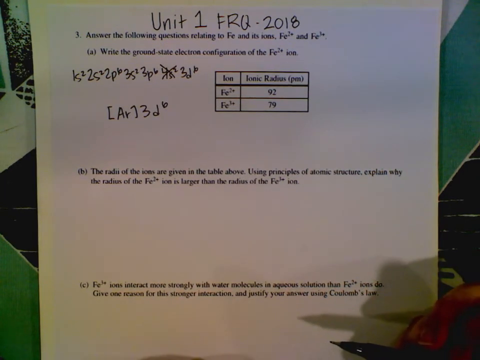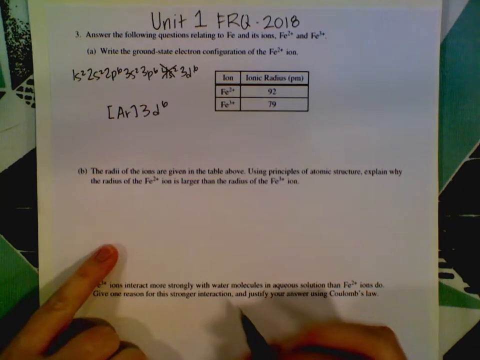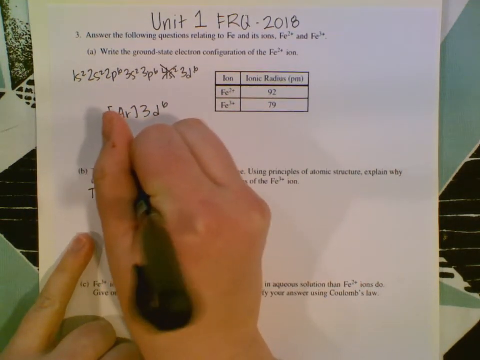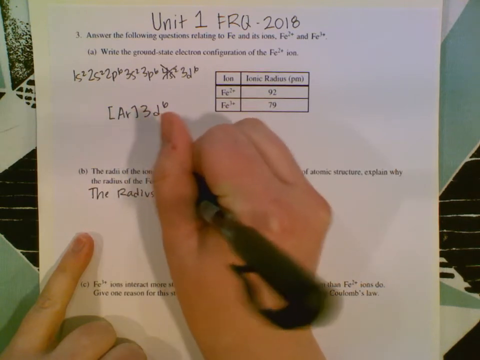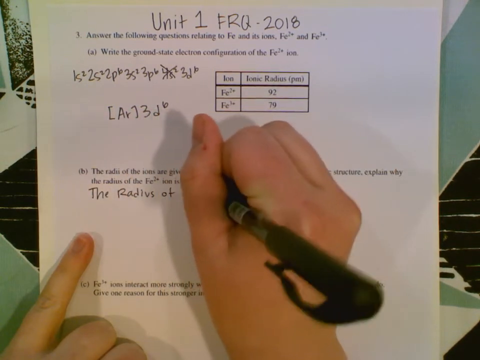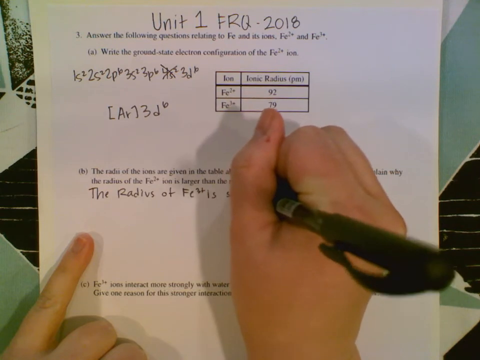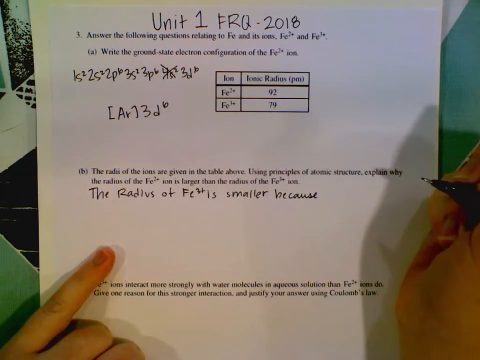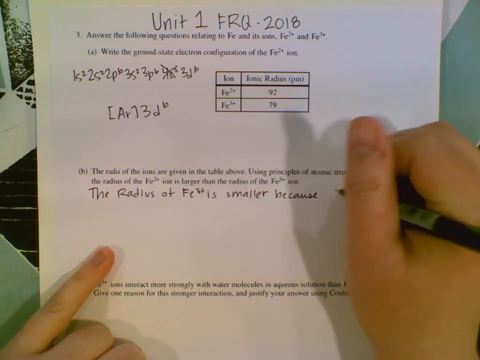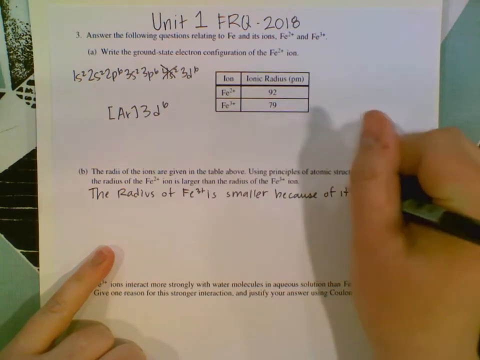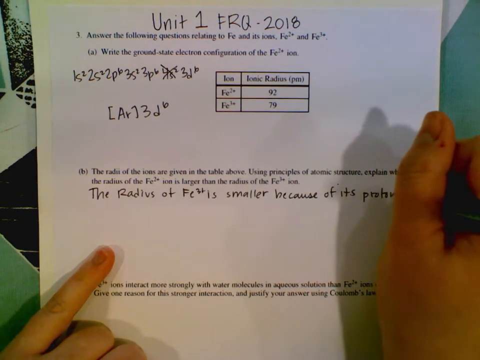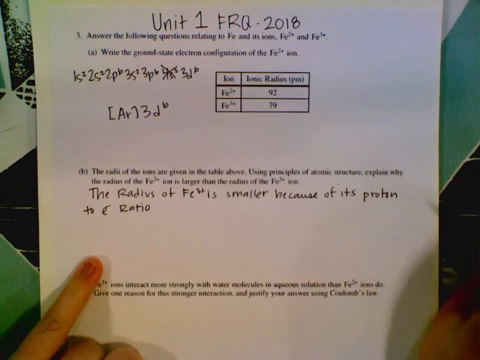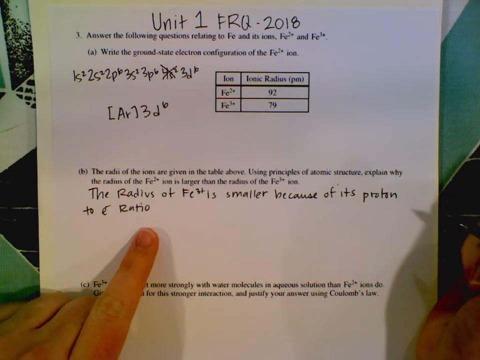In the case of B, the radius of Fe3+ is going to be smaller, and it's smaller because of the proton to electron ratio.